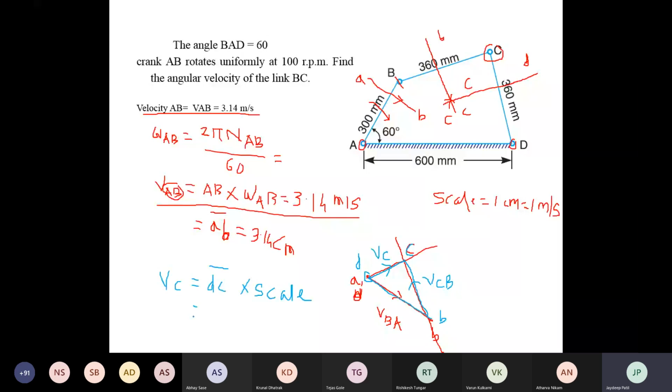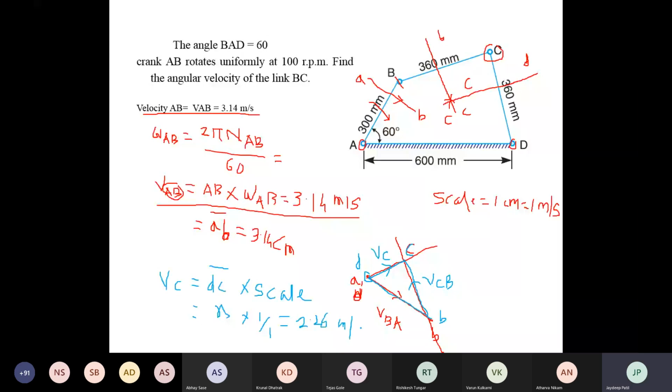Suppose the distance of vector DC is x, into the scale given here, 1 meter per second divided by 1, and you will get the answer. If you see the answer of the ICR method, you will get 2.26 or near about it. 2.26 meter per second.